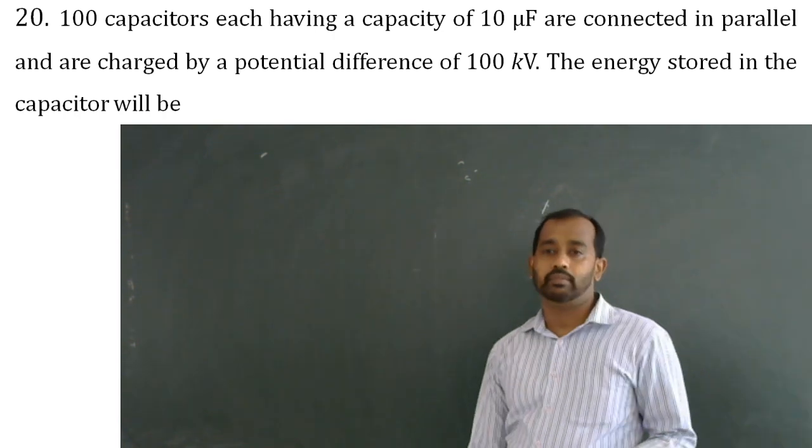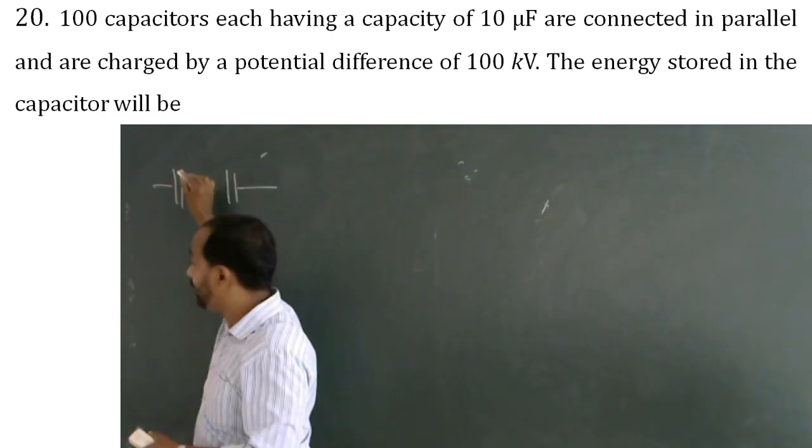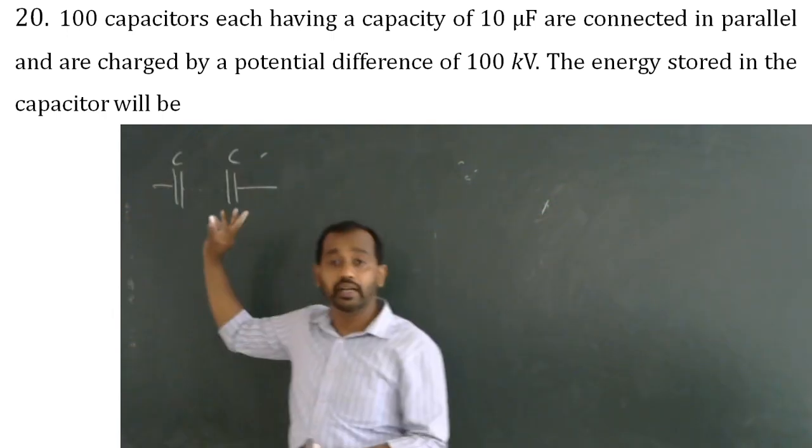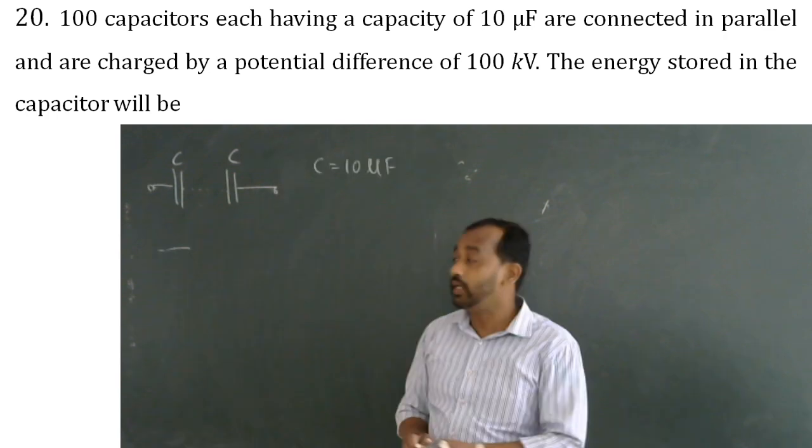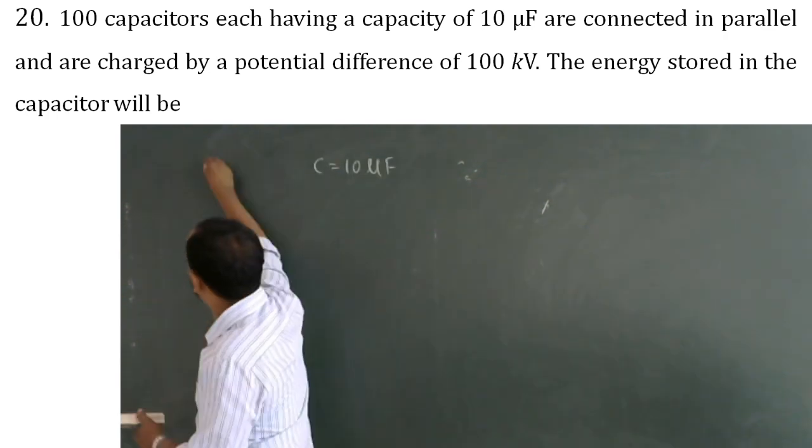First we have to picturize this. There will be 100 capacitors, 1, 2, 3 lines, which will be represented by dotted lines, so a total of 100, each equal to C. So there will be 100 capacitors, each of value C, where C is equal to 10 microfarad. They are connected in parallel across a potential difference, so there will be 100 of them like this.